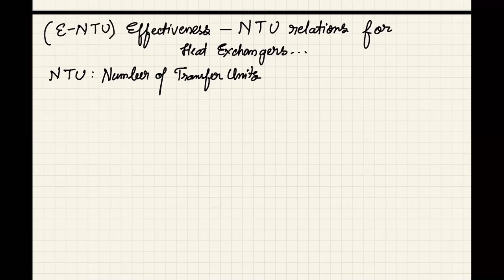Okay, so now I will first define what is effectiveness. So now we'll start with the effectiveness NTU relations for heat exchangers. All right, so the first step is to define what is epsilon. Epsilon is defined as Q over Q max. Now let me tell you what is Q and what is Q max.